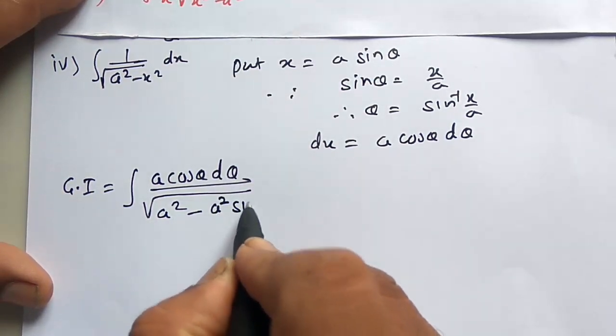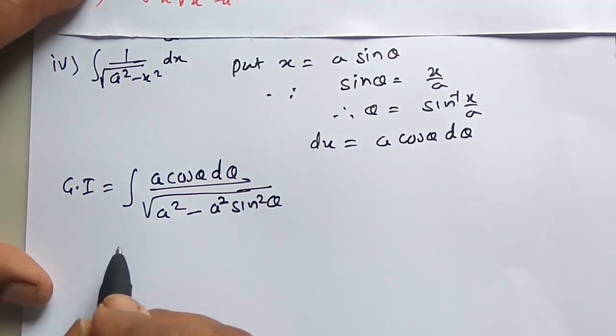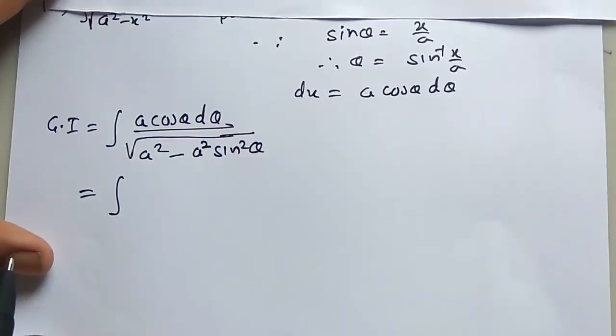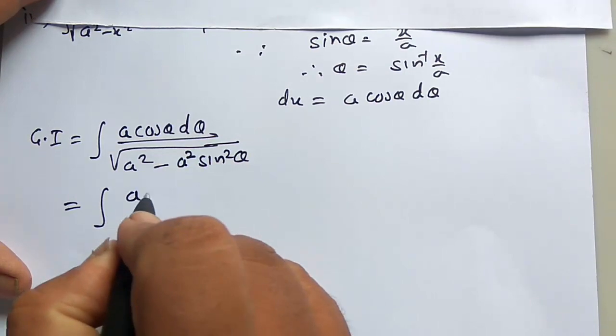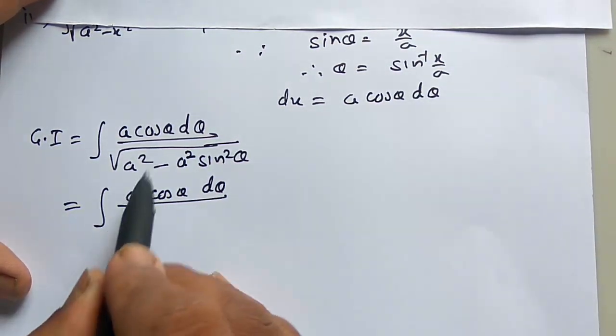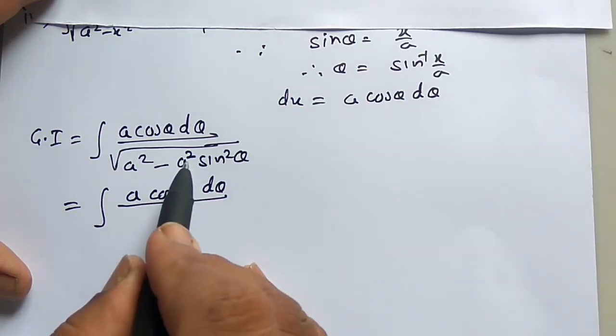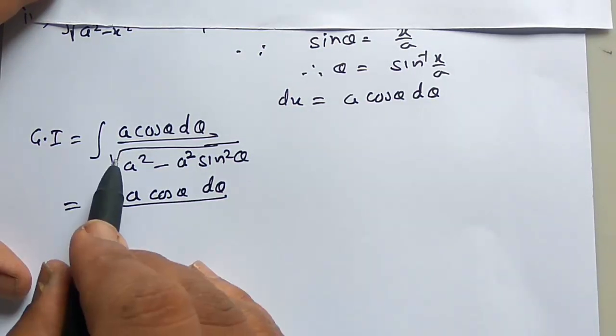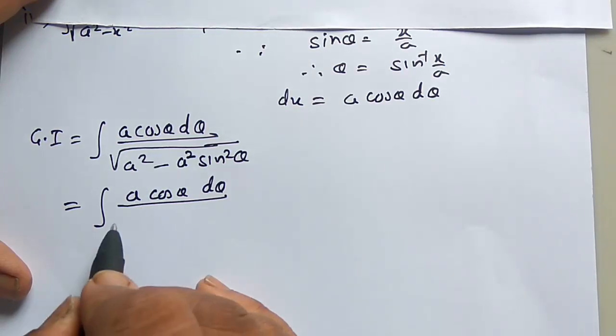where x is equal to a sin theta. So a square sin square theta is equal to integration of a cos theta d theta upon, we can take a square common, a square taking outside of the radical sign becomes a.